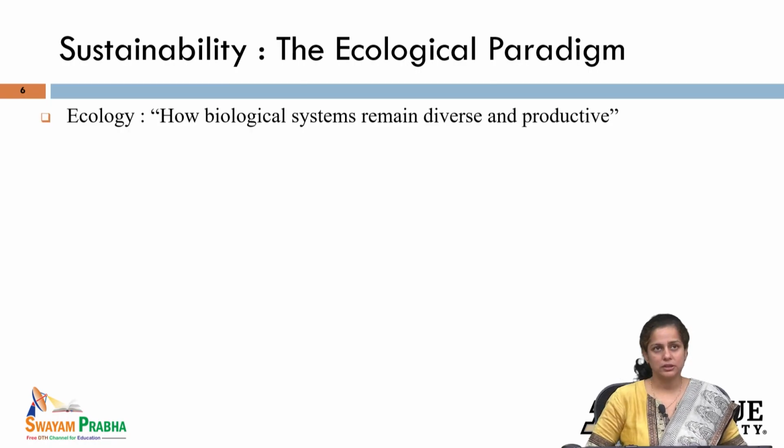The first thing in ecology is the dynamic nature of ecological systems, and a lot of these biological systems remain diverse and productive. As we all know, Earth is millions of years old, so it is imperative that there is an inherent sustainable aspect of these ecological systems.